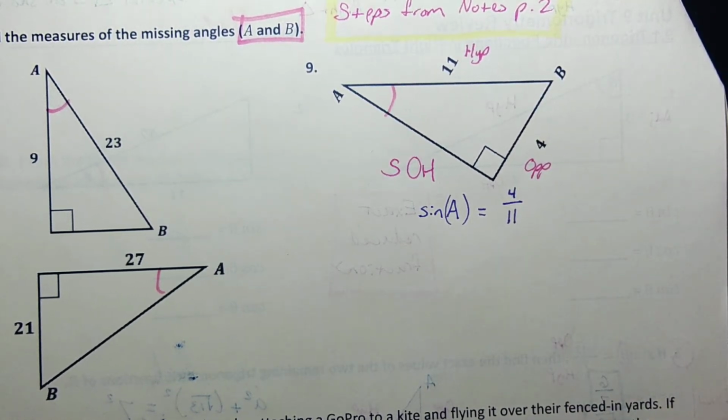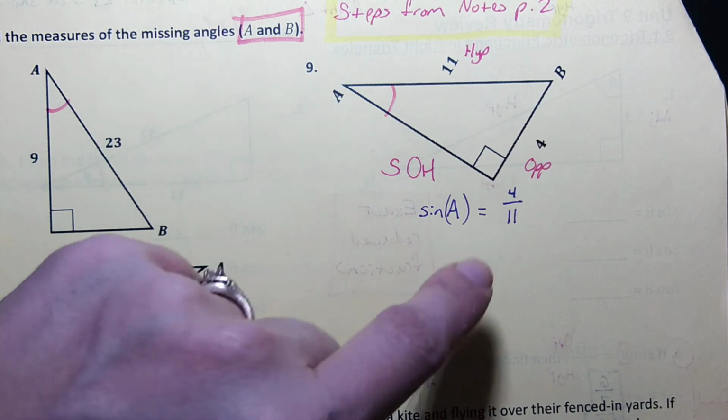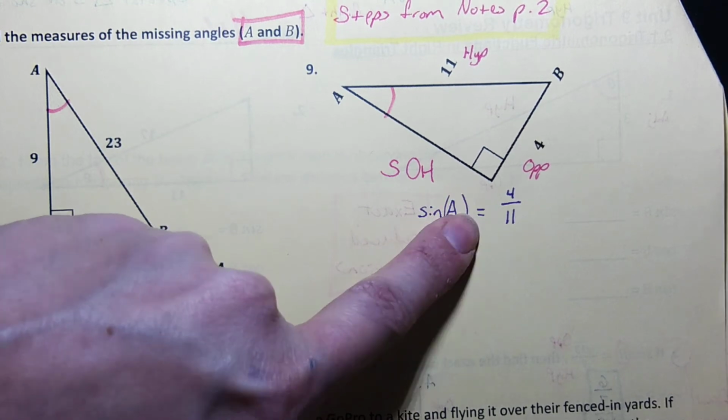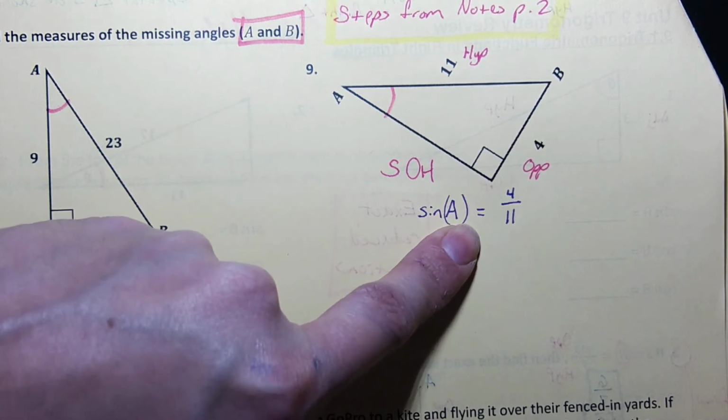So what can be kind of confusing about sine, cosine, and tangent is they do represent a ratio, but we can also use them as an operation, similar to square roots. So in a similar sense, we've got sine of A. How do we break A out of that sine function?